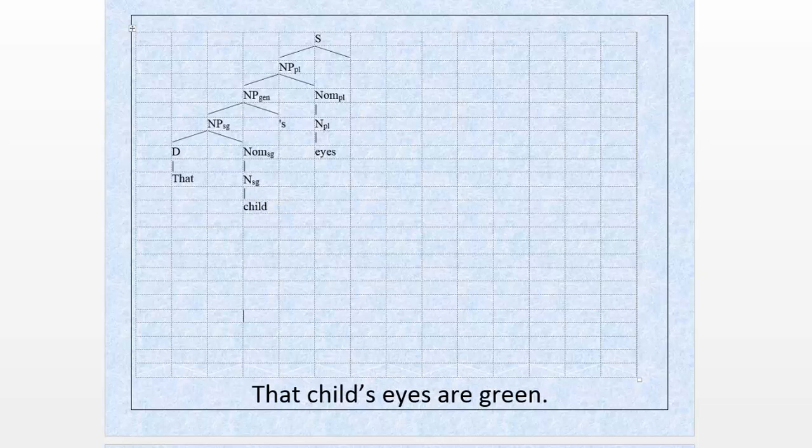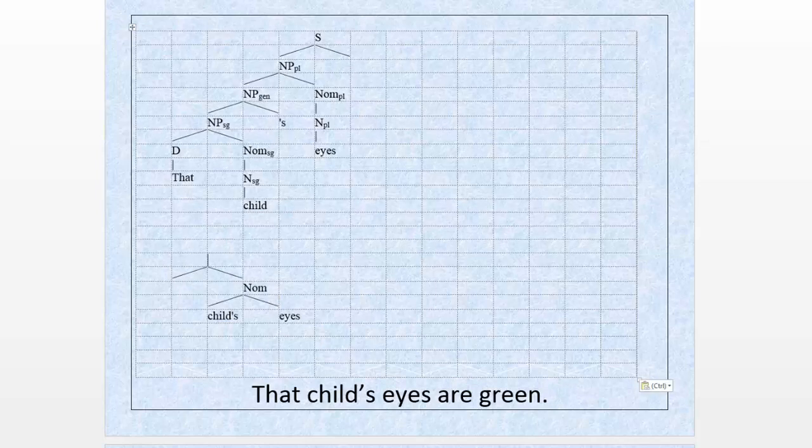So clearly the kind of structure that you can't do is to try to say that child or child's eyes goes together to make some sort of nominal or something like that, and then to say that that combines with the determiner to make an NP.